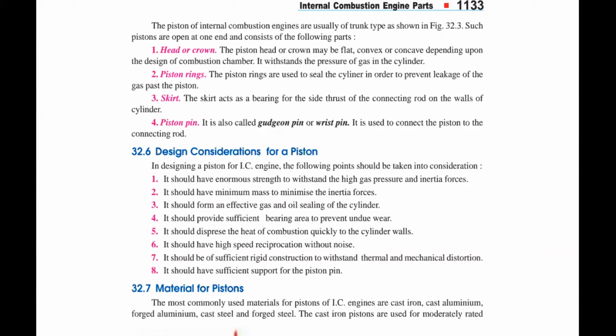Enormous strength means high strength. The material should be strong and it has to be able to withstand, along with the thickness and all those things. You have to maintain a high thickness of the walls, and the materials used for the cylinders should have very good properties in order to withstand the high pressure, high strength, inertia forces, right?